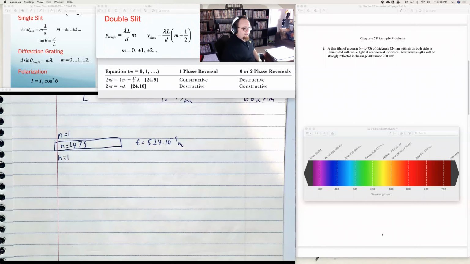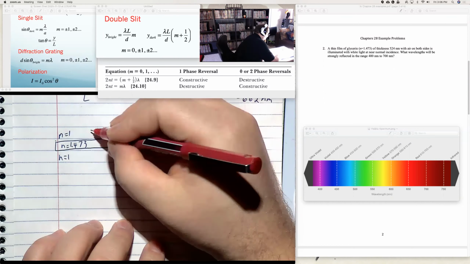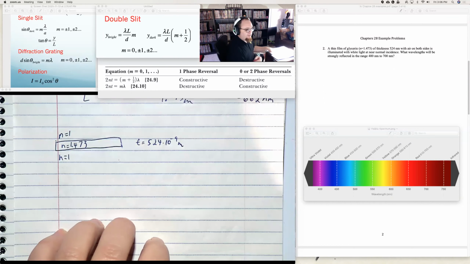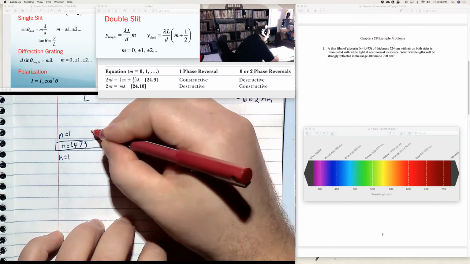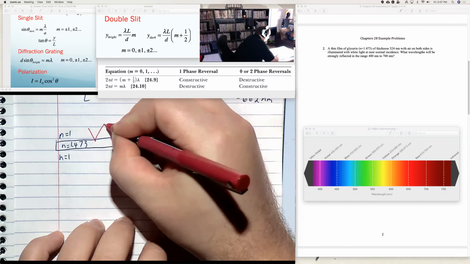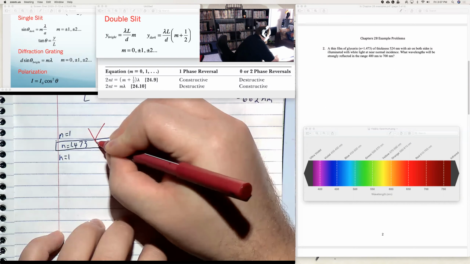And it says white light hits it. When the white light hits it, what wavelengths in the visible range, between 400 and 700 (really visible is like 750, but whatever), are strongly reflected? What's going to happen is when light hits it, some will reflect, some will refract.